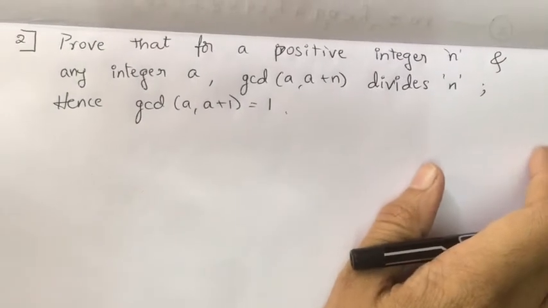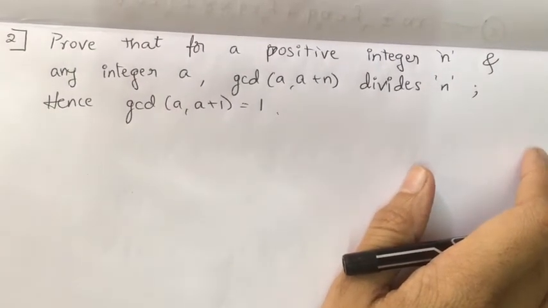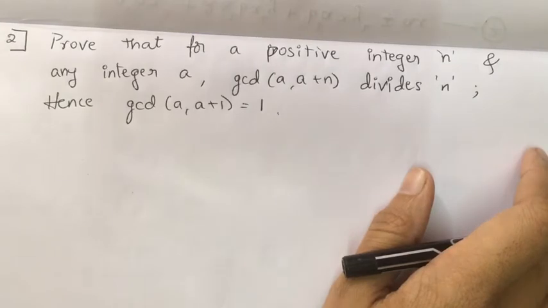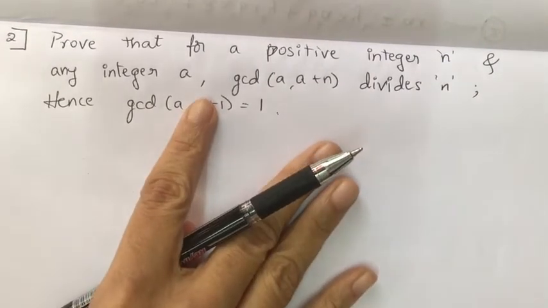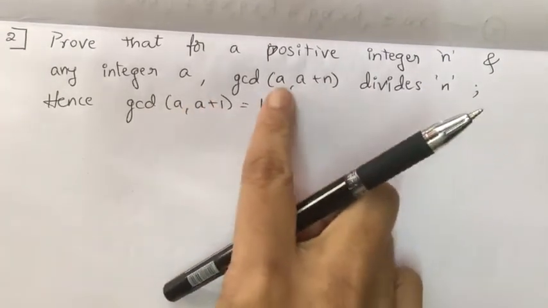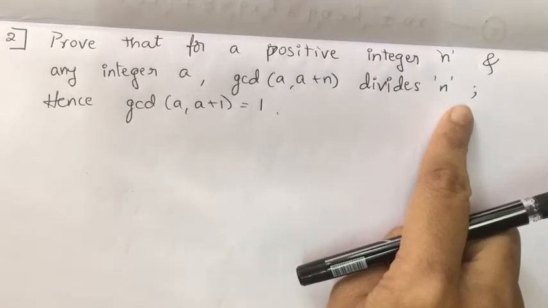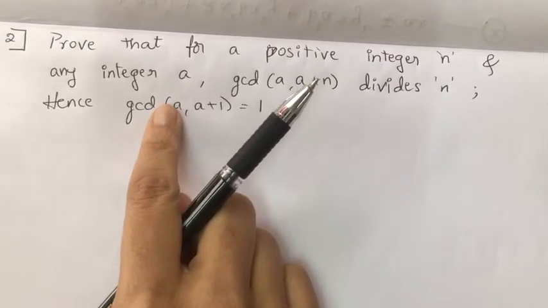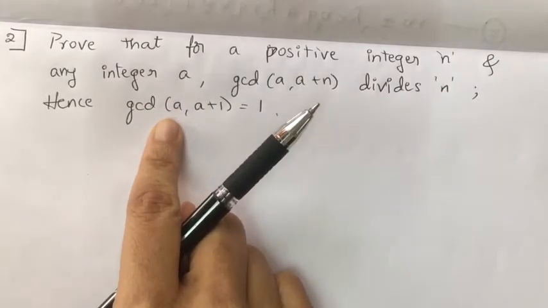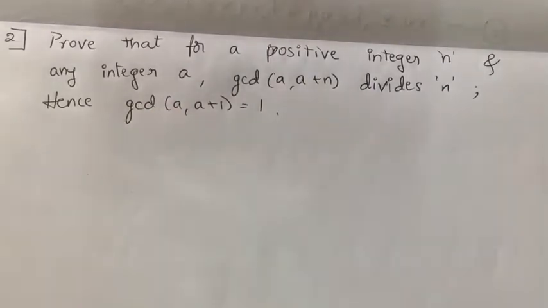Next problem is prove that for a positive integer n and any integer a, GCD of a and a plus n divides n, and if that is the case, then GCD of a and a plus 1 is 1.